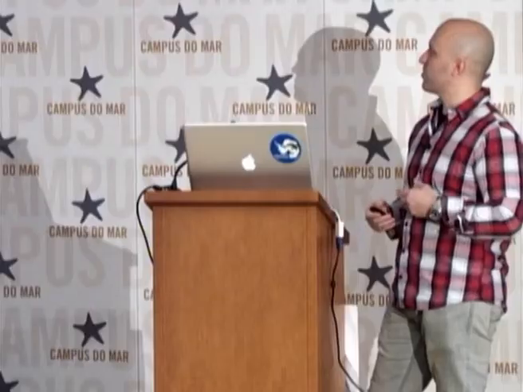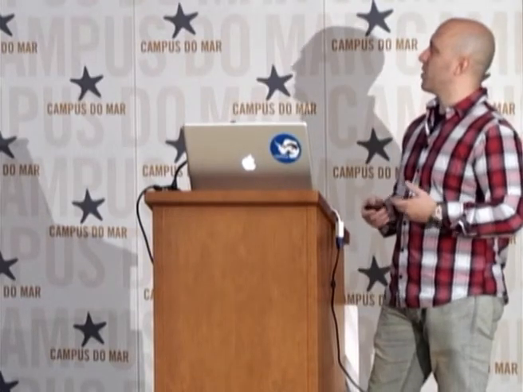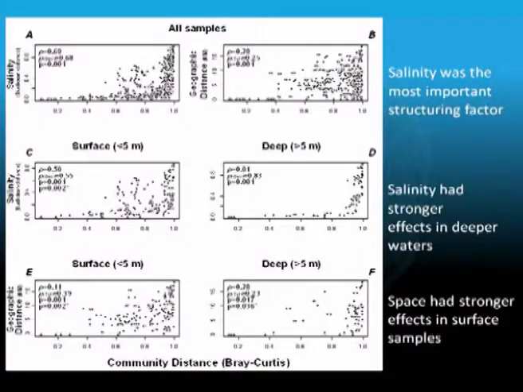And what we've done here is look at the effects of salinity and also space, geographic distance, on community composition. So here we have Bray-Curtis distance, and here we have the Euclidean distances for salinity, and the distance in kilometers for geographic distance.